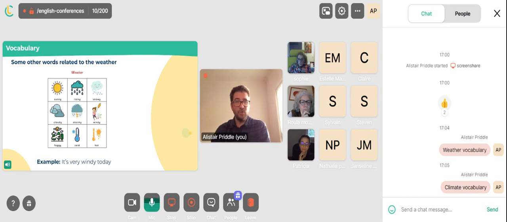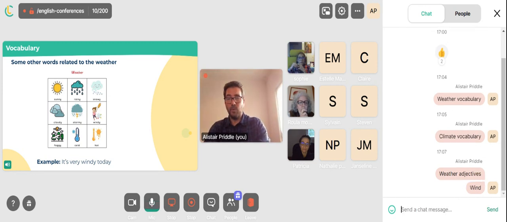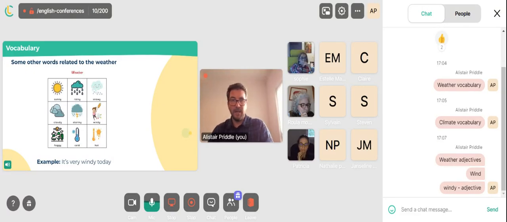So these are all weather adjectives that we can use to describe the weather. For example, it's very windy today. So we have the noun wind, we add a y, and it becomes an adjective. It's very windy today.